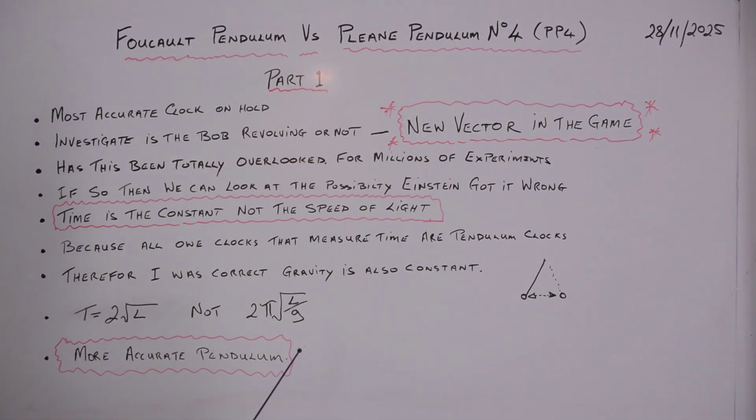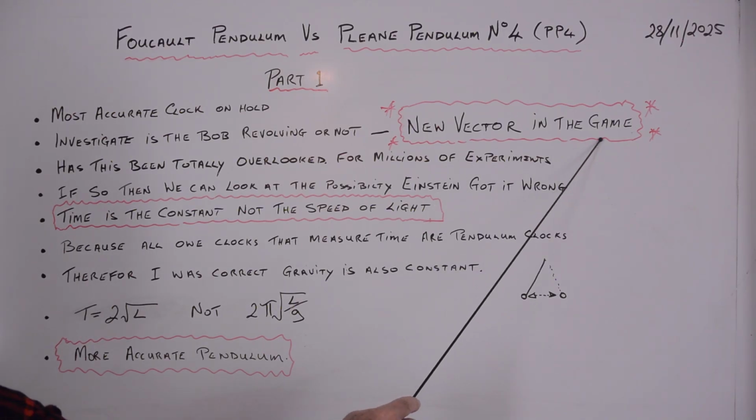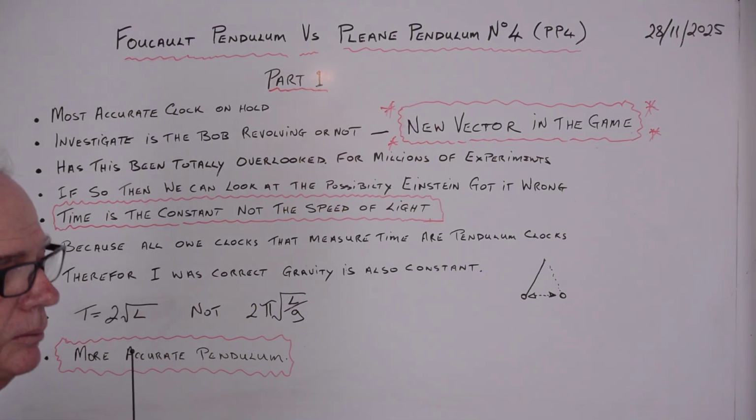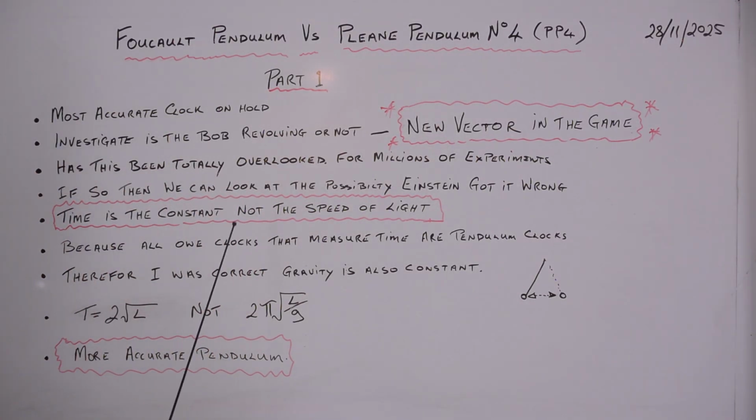So if this new vector changes the dynamics of the pendulum, then how we've measured time and the speed of light are all up in the air.